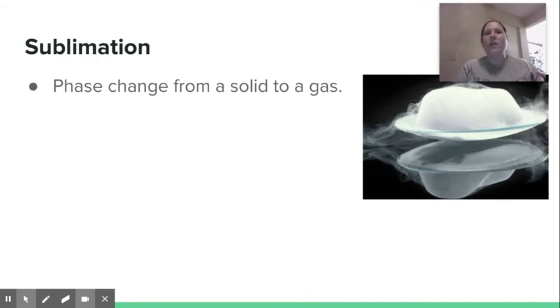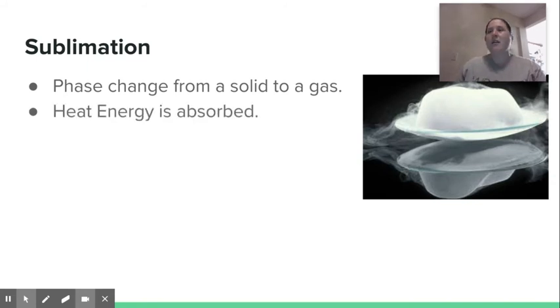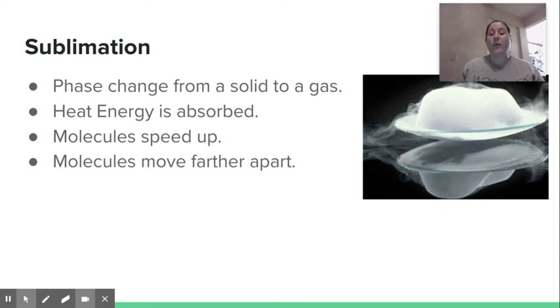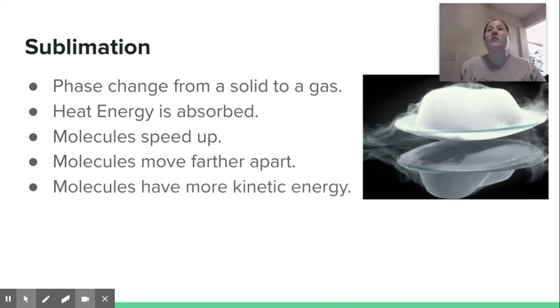And if you leave dry ice out on the sidewalk, it's going to go straight from a solid to a gas. Heat energy is absorbed. The molecules are going to speed up. They're going to move farther apart, and the molecules are going to have more kinetic energy.